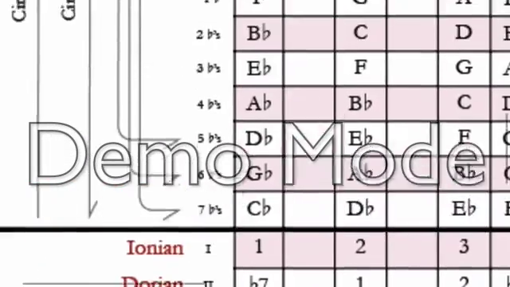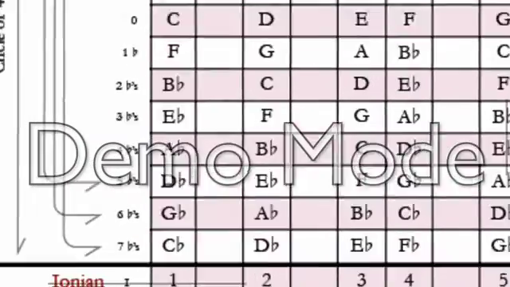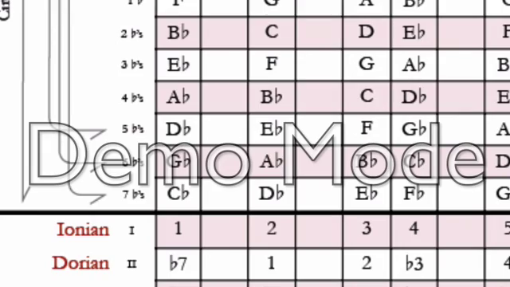And then you travel upwards in that same column until you find C. So that's your key. And you always move right in that same row. So you've got C, D, E, F, G, A, and B. That would make up your C Ionian scale.